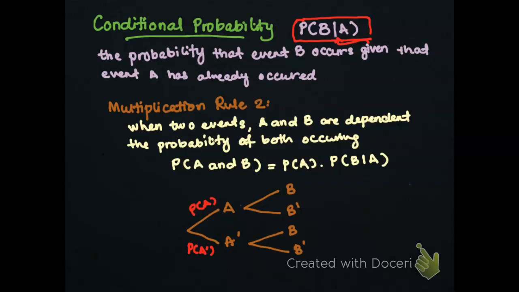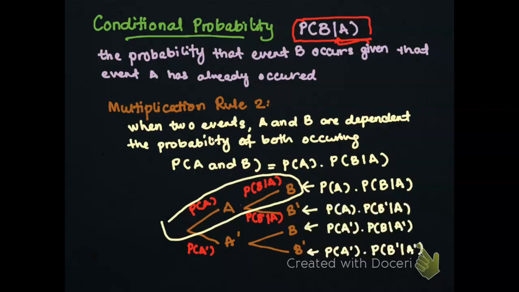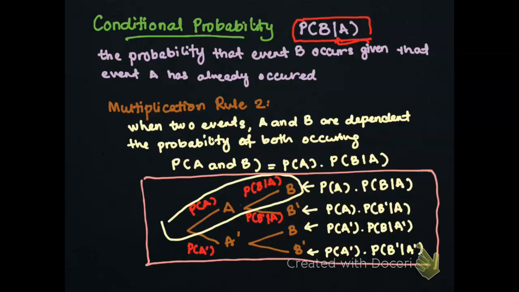For the second event, it will be the probability of B given A. The second branch of the second event will be the probability of B prime given A. So if we multiply this first branch here, it will be the probability of A times the probability of B given A for this part. So here is the outcome of your tree diagram for conditional probability.